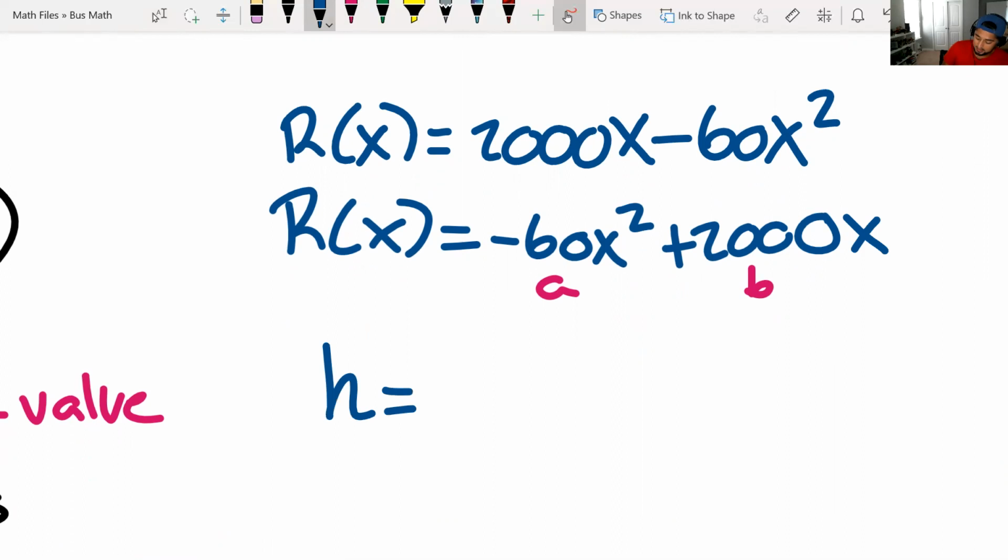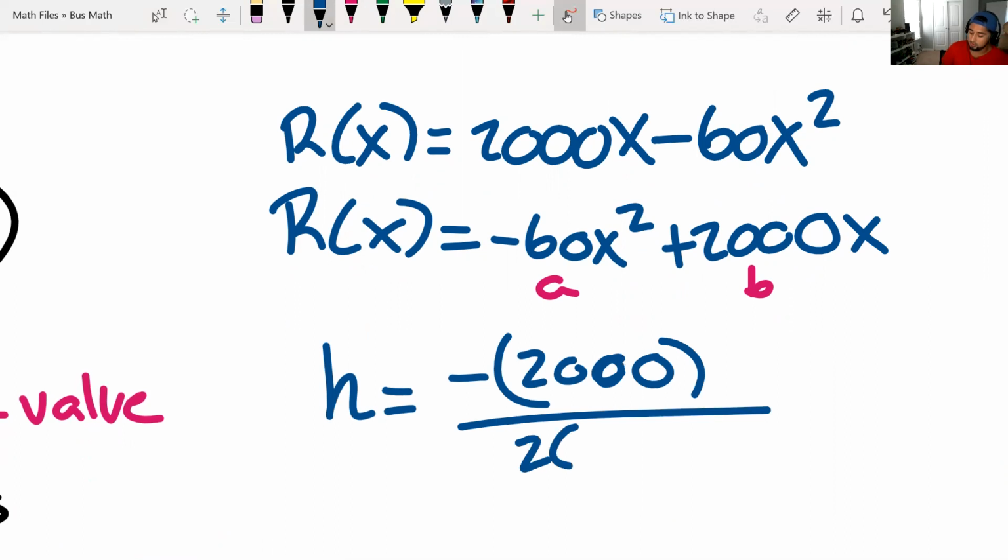Okay, so h is going to be negative 2000 over 2 times negative 60. I get 16.67. So knowing my math lab, this will probably want to leave it as 50 over 3.